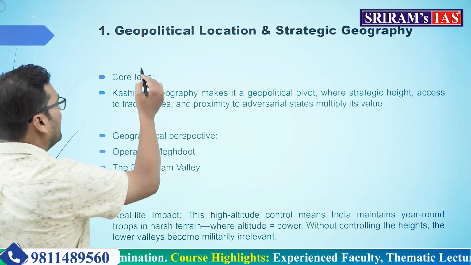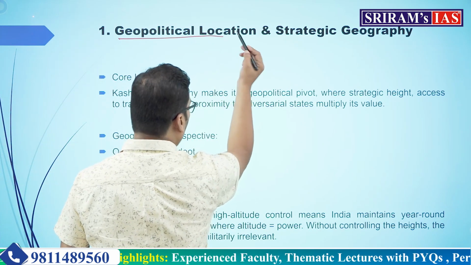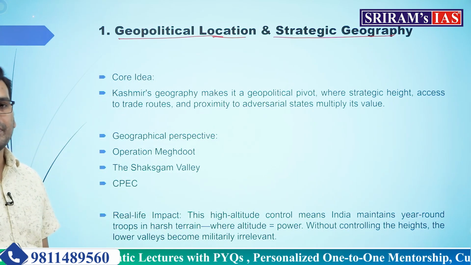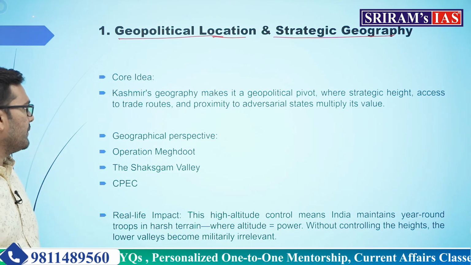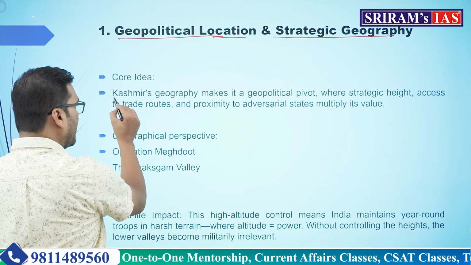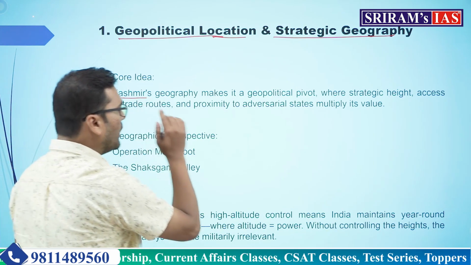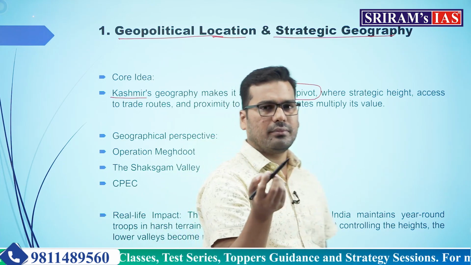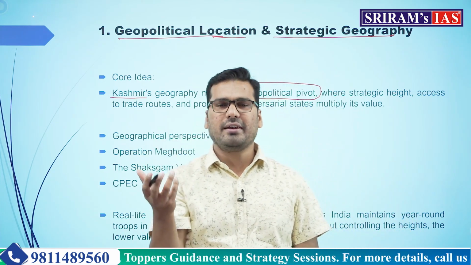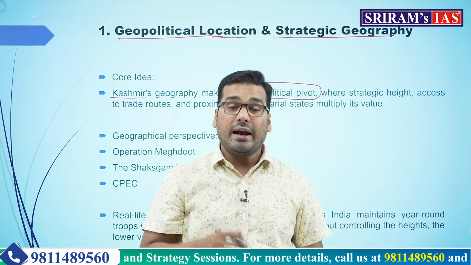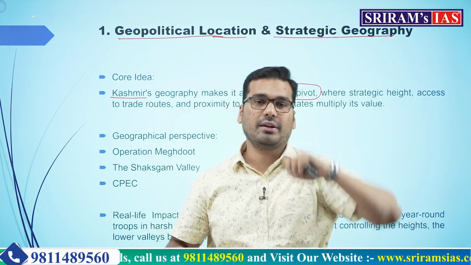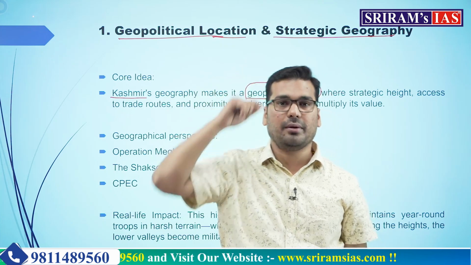First, the geopolitical angle, of location and strategic geography. Here, what are the scenarios? The core idea is Kashmir, where geography makes it a geopolitical pivot. Think of Kashmir as a kind of shatter belt. It is confined between Pakistan on one side, Afghanistan on another, and China on another.